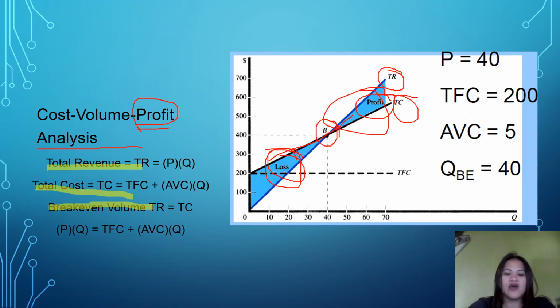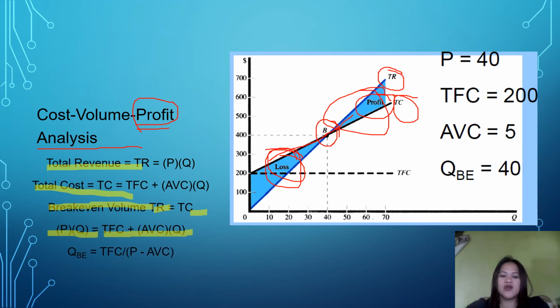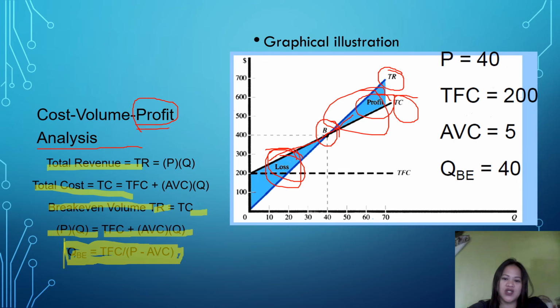Now the break-even, the total revenue is this one, and the total cost is this one. So in short, the break-even is derived through this: total fixed cost divided by price minus the average variable cost.